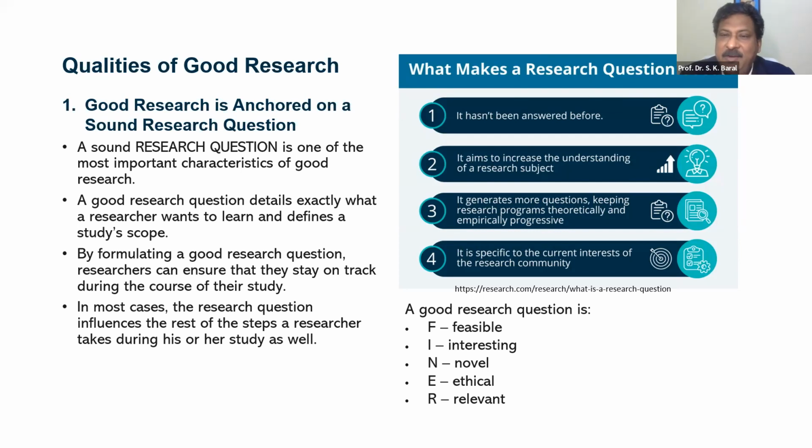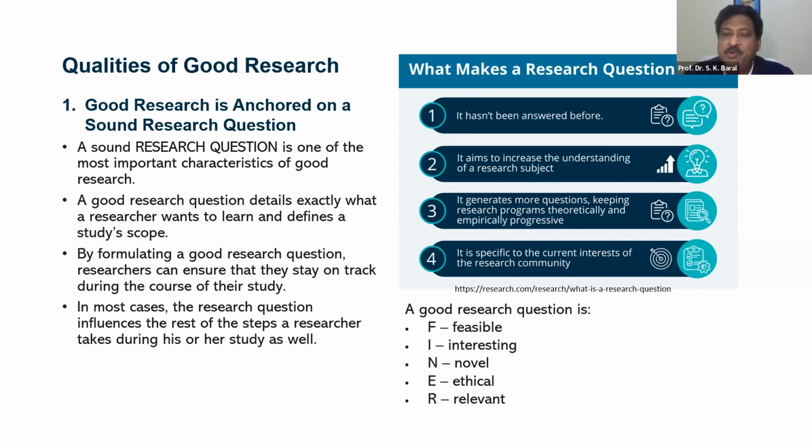And a good research question always aims to increase the understanding of the research subject. Without a good research question, it is very difficult to understand the research subject. So a good research question always generates more scope for theoretical and other progressive empirical works.